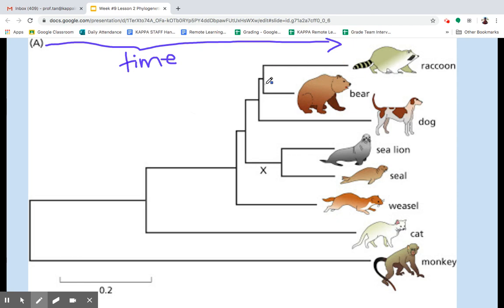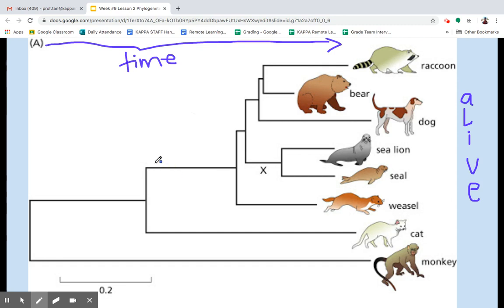Okay, we see that there are different species over here and that there are some connections and some lines. Any species that is at the end of the timeline would be species that are alive today. So all of these species at the end, the raccoon, the bear, the dog, the sea lion, seal, weasel, cat, and monkey, these are all alive today.